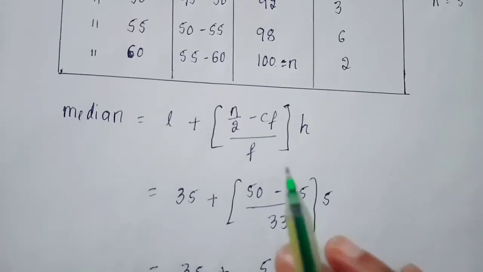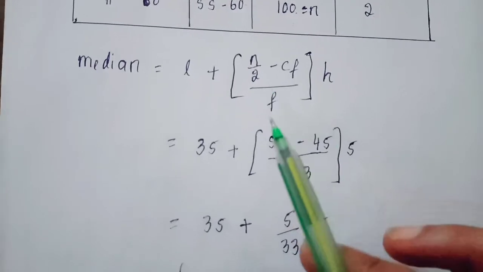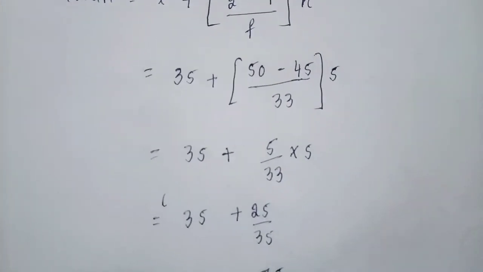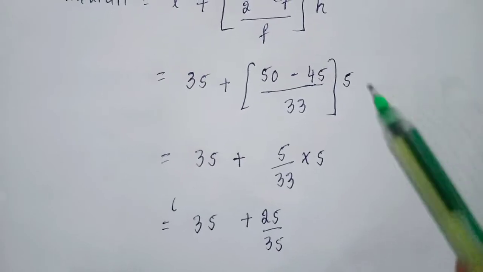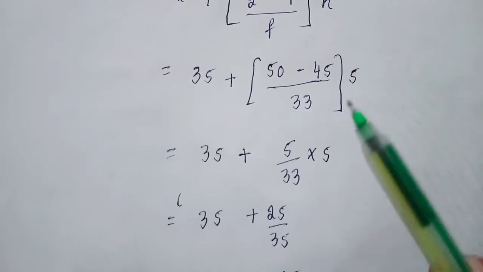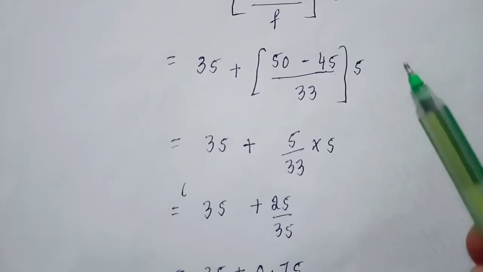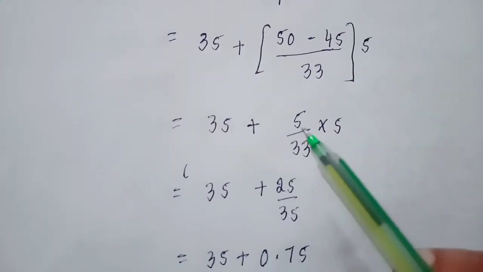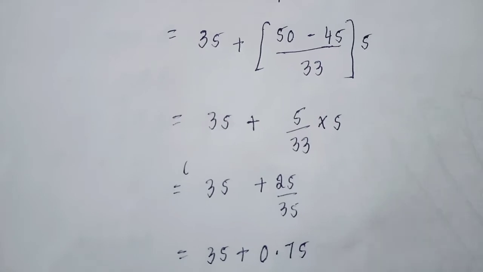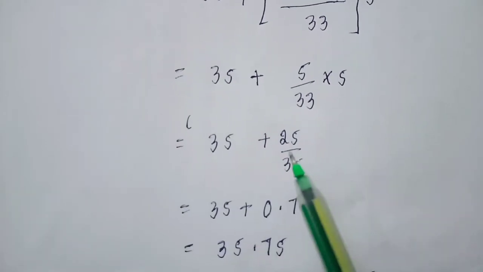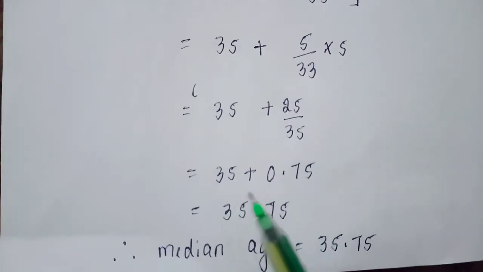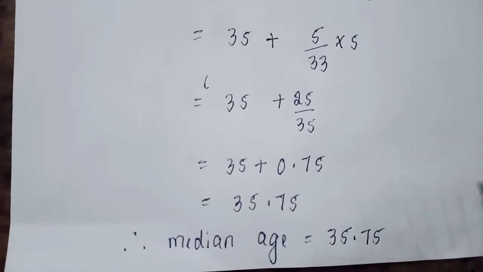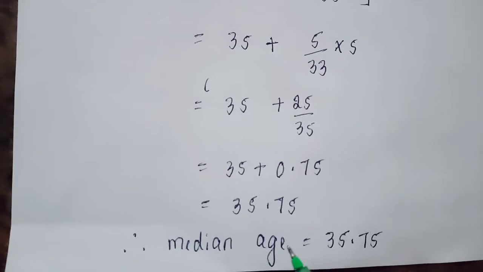So median equals L plus (N by 2 minus CF) by F into H. Substitute all the values: 35 plus (50 minus 45) divided by 33 into 5. 35 plus 5 by 33 into 5. 5 5s are 25 by 33, that is 0.75. 35 plus 0.75, that is 35.75.